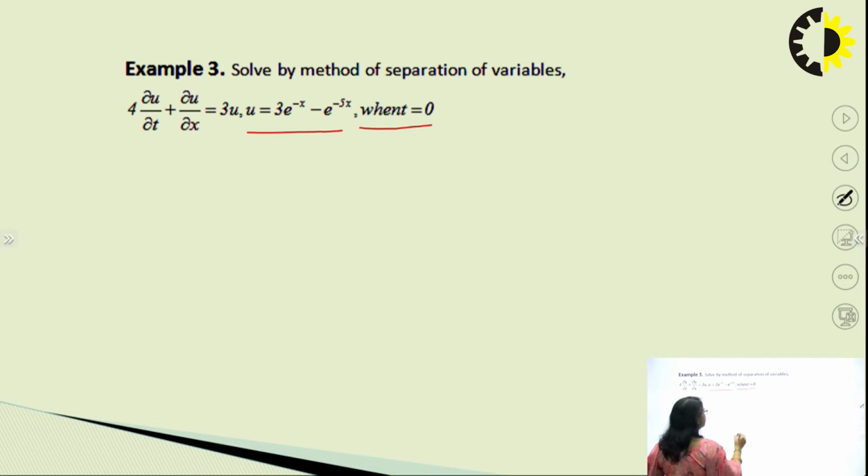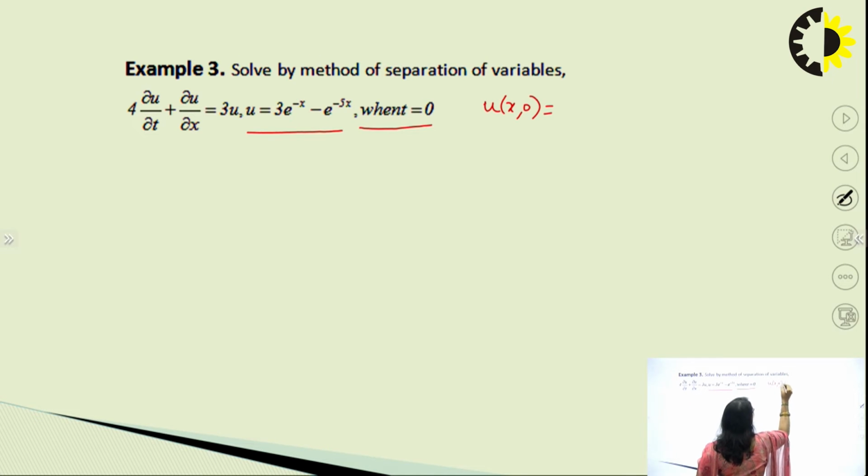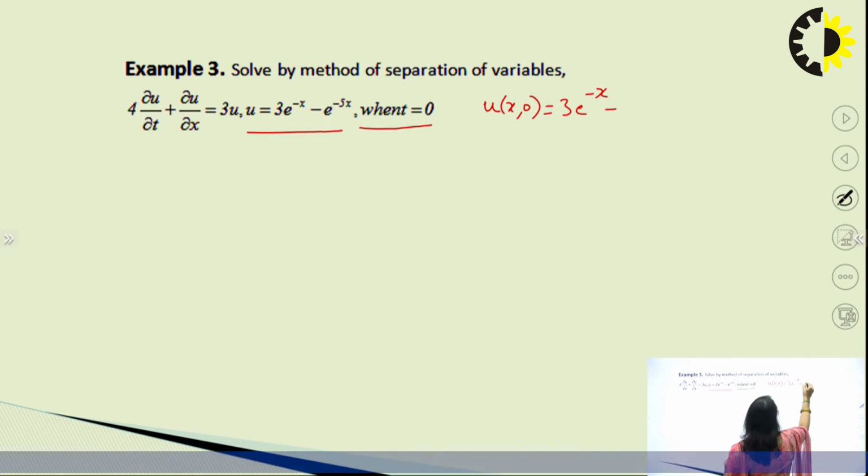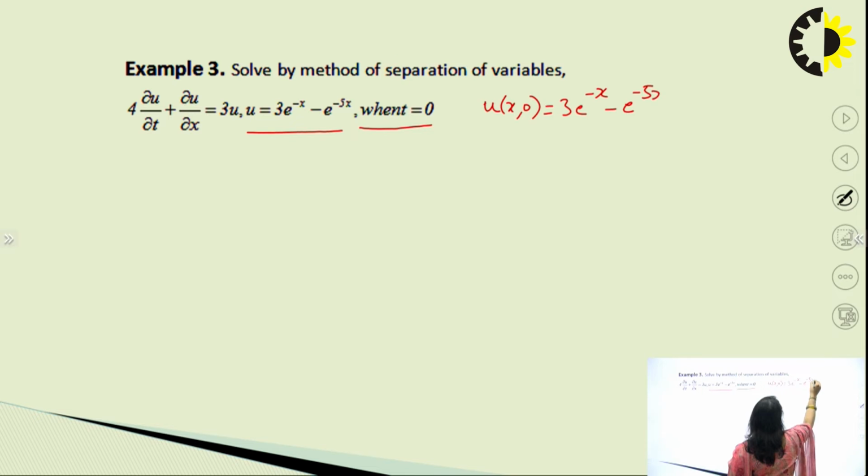So instead of writing u(x, 0) equal to 3 e to the power minus x minus e to the power minus 5x, we have used another way. We can also write this condition as u at t equal to 0 is equal to this value.